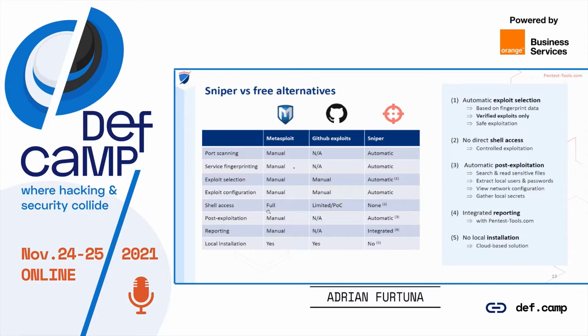However, an important difference between Metasploit and Sniper is that Metasploit gives you full shell access to the target, and you can do whatever you want from now on.